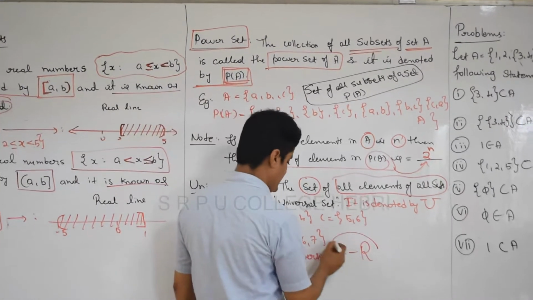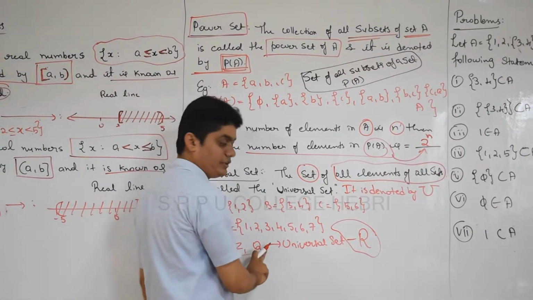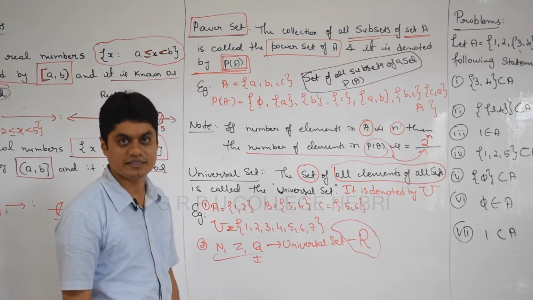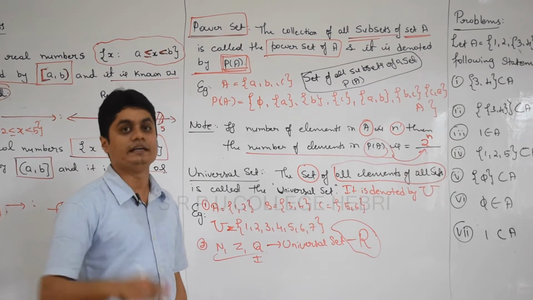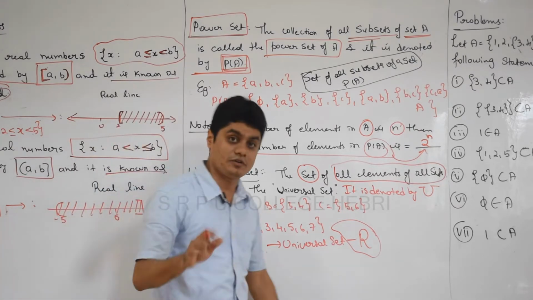So the universal set of these sets is R. Suppose if I include R here, then the universal set will be the complex numbers. The universal set is a set containing all the elements of all the sets.